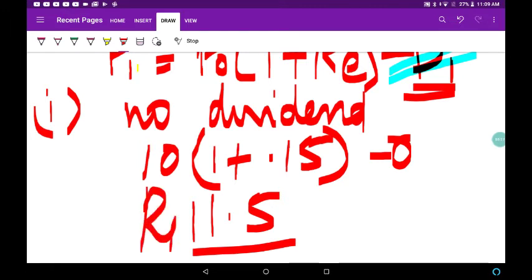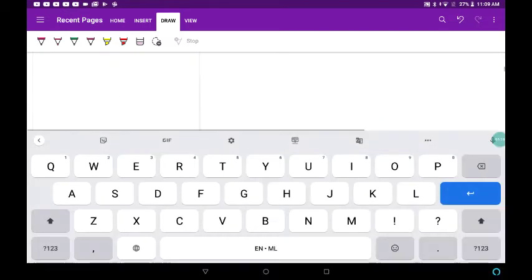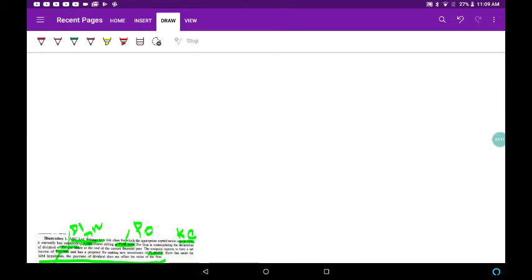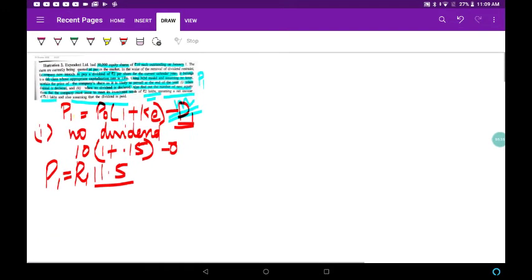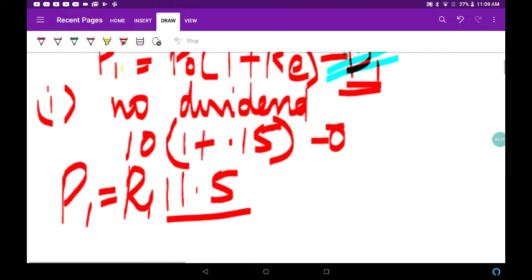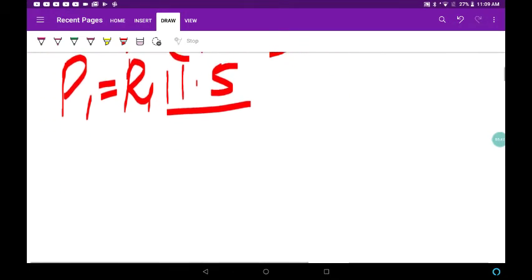Rupees 11.5 is the P1. P1 is equal to rupees 11.5 if no dividend is paid. Clear? If no dividend is paid, it comes as 11.5.